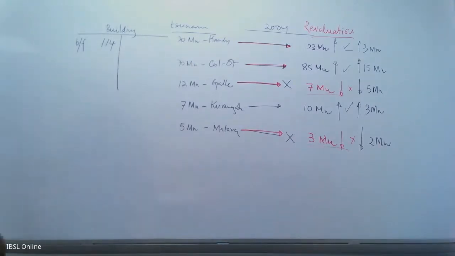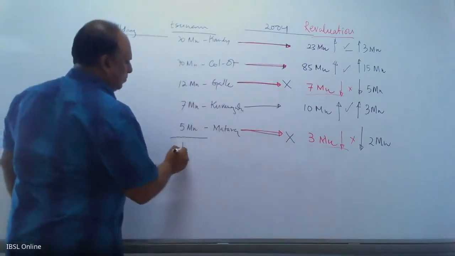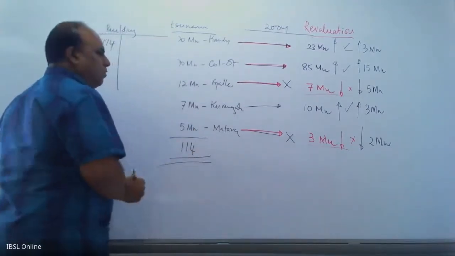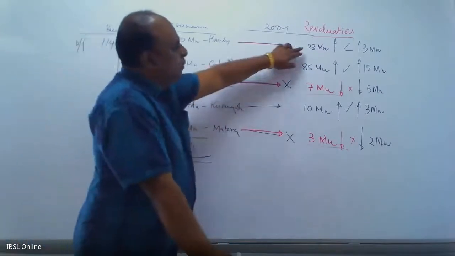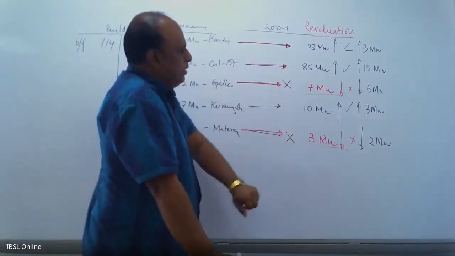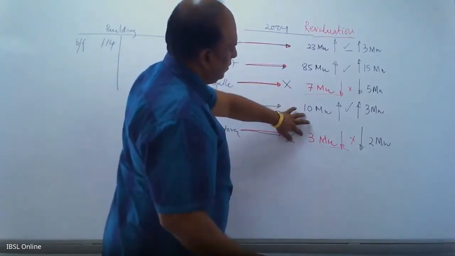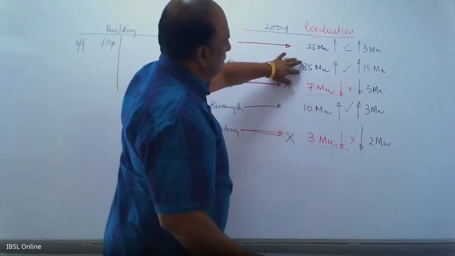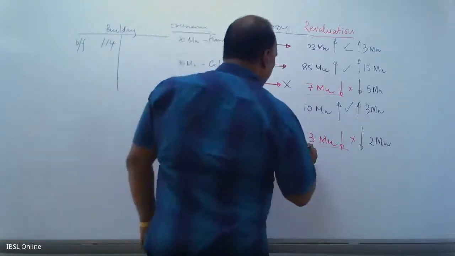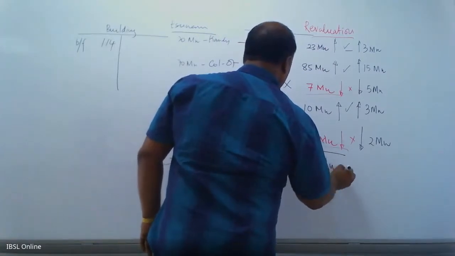But now at the end of 2004, what is the value? 23, 85, 7, 10 and 3. So what is the total? 128 million. Correct?